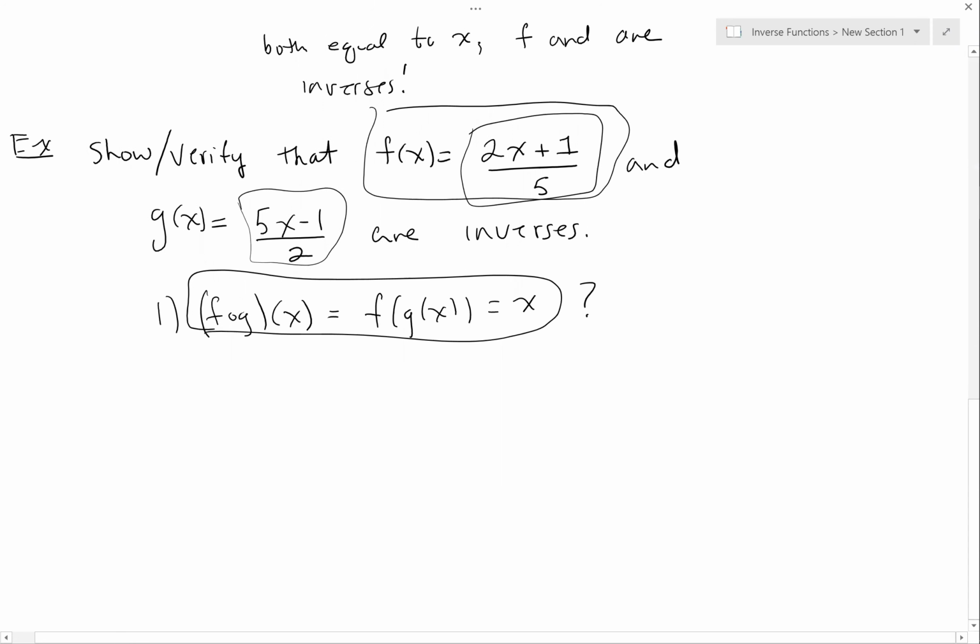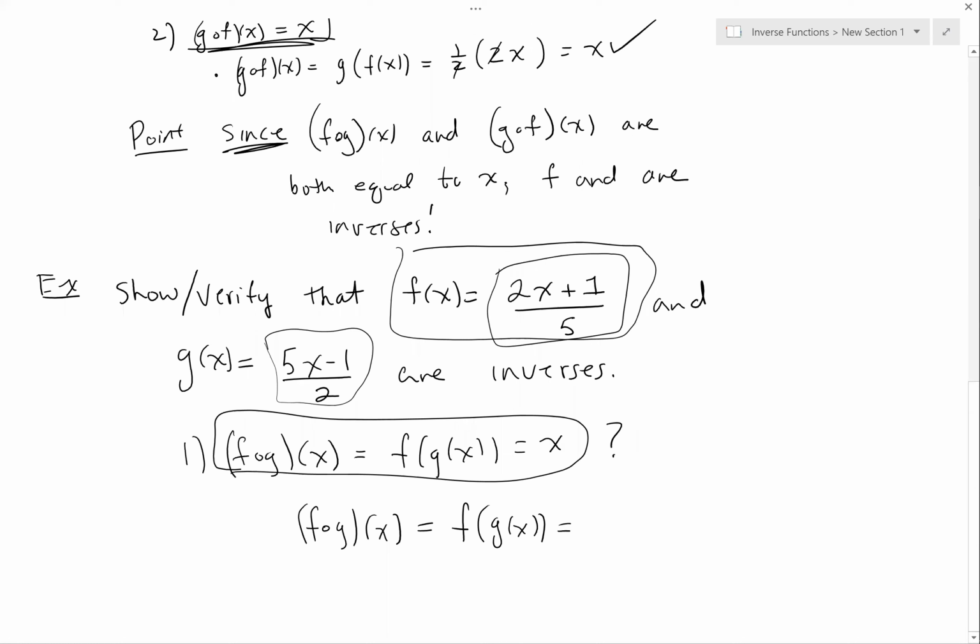Let's compute it. f of g of x, which is f evaluated at the expression g of x. And what does f do? Whoops. What does f do to the input? Well, looking up here, f takes 2 times the input, adds 1 to it, and then the entire result of that, it divides by 5.